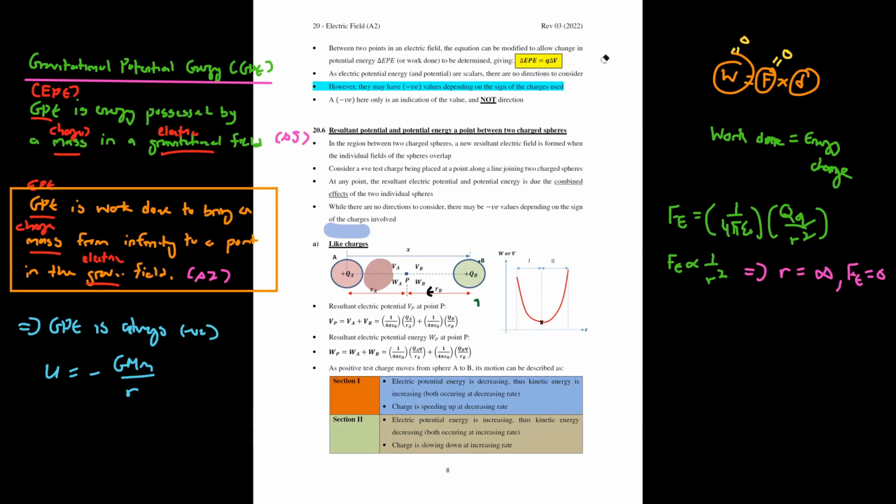Okay, now, say for example, I have a main charge, big Q here, and there are 2 points in the electric field that I'm interested in. Let's just say point A and point B. Bear in mind that this is not at infinity. Infinity is probably somewhere here.